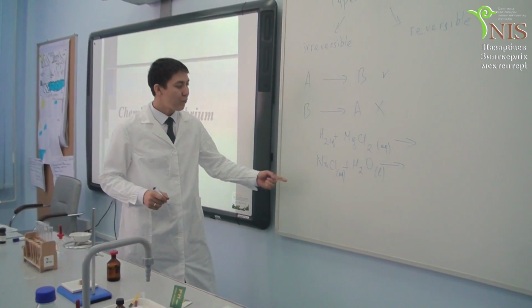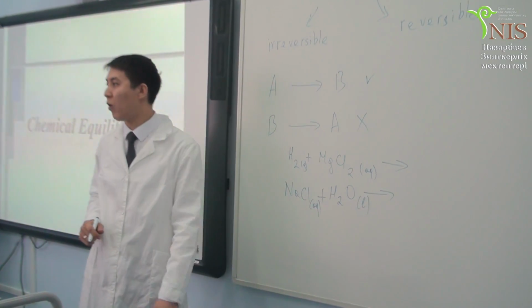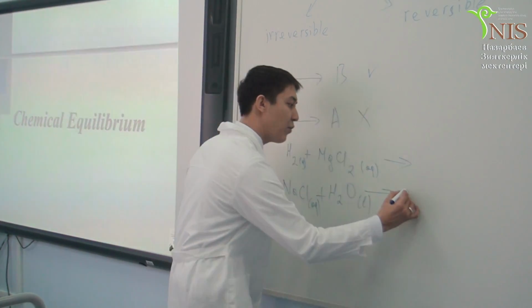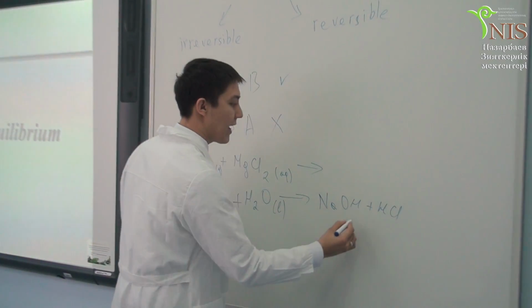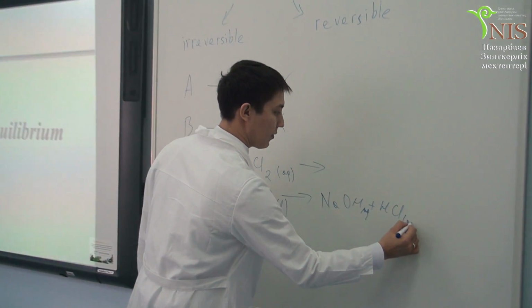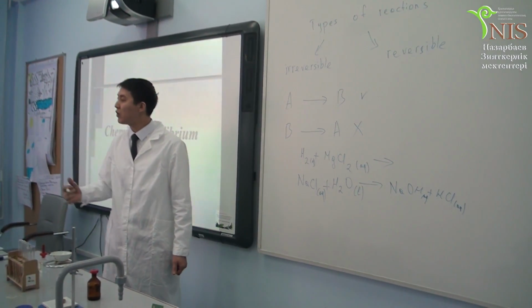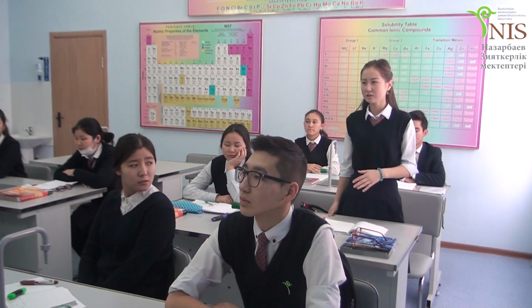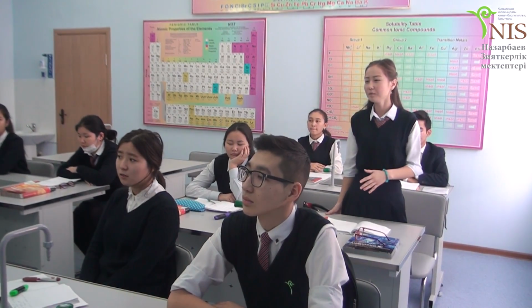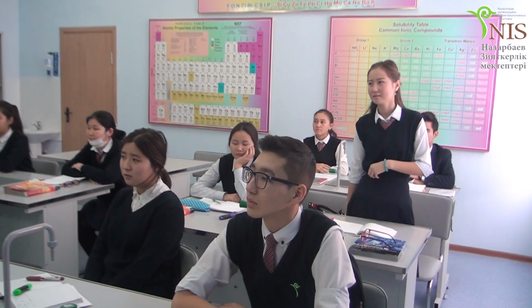Okay, now if we add sodium chloride aqueous solution to water, can we get sodium hydroxide and hydrochloric acid? Of course not. And how can we check that? If you put the yellow indicator into the tube, it neither changes blue or red. Very nice.